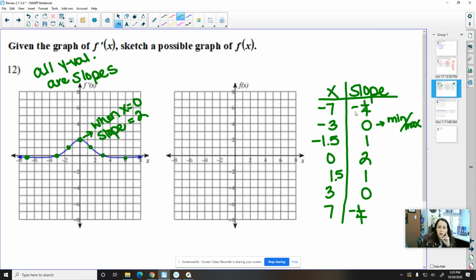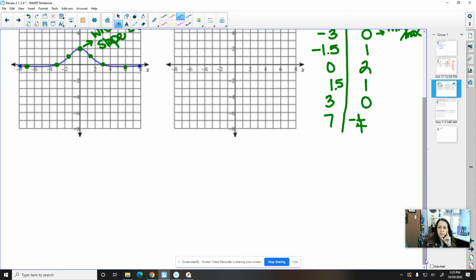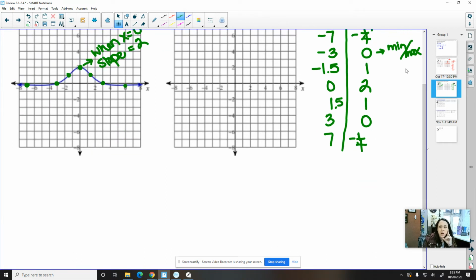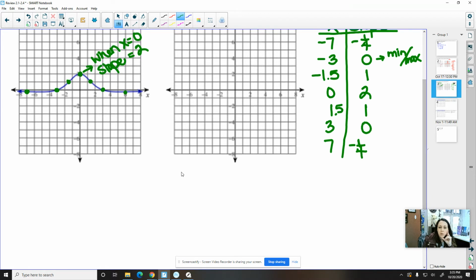So we have to try to take all this information and put it into a graph. And keep in mind, we don't really know what the actual y values are on this graph. All we know is that we have a negative slope, and then a 0 slope, and then positive, and then 0, and then back to negative. So the way I'm going to read it is, from -infinity to -3, if I look at the beginning of my table, the function is decreasing because the slope is negative there.